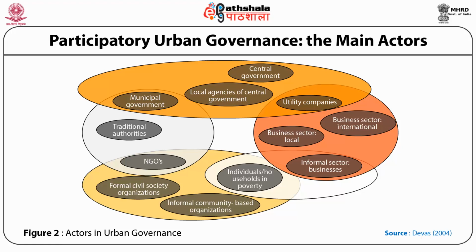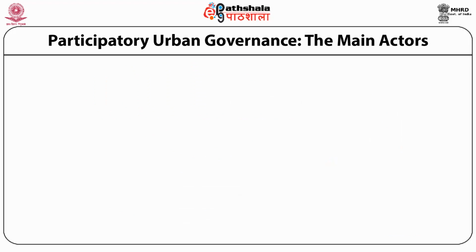If government, including the local agencies of national and state government, as well as the city government itself, constitutes one large piece of the picture, civil society constitutes the other. Thus, in the participatory approach to urban governance, at the city level, the broader main actors become the municipal or local government, the business and the civil society organizations.